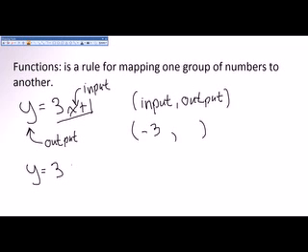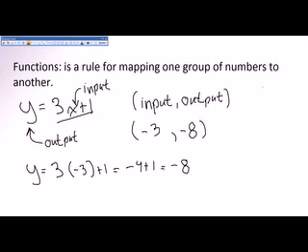Well, I'm going to get 3 times -3 plus 1. This is equal to -9 plus 1, and that's equal to -8. So what this says then is that if my input value is -3, this gets mapped to the value -8.